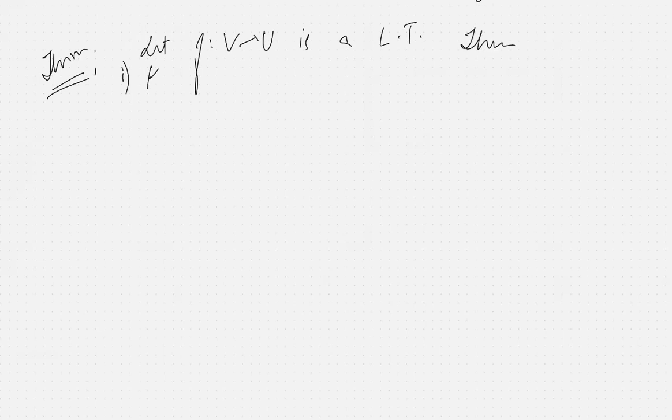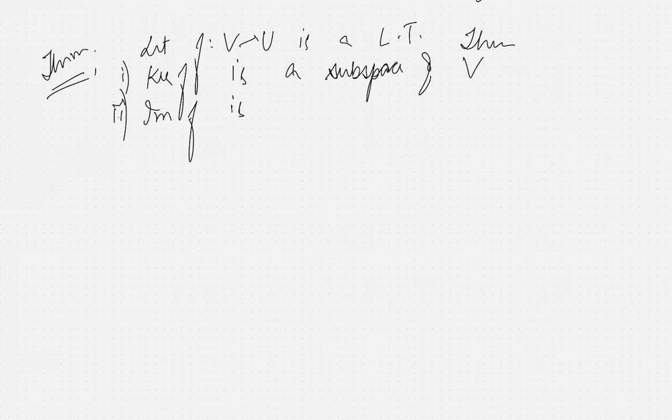They are both actually subspaces: kernel f is a subset of V, so it is a subspace of V. Image f is a subset of U, so it is a subspace of U. Now we know that V and U are vector spaces.